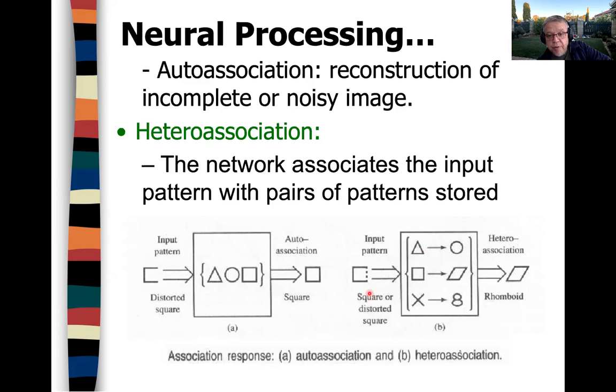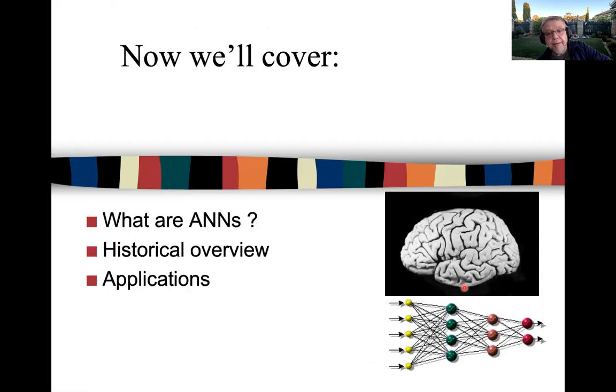Now when you're given at the input a square or a distorted square, it will associate it and tell you this is the corresponding association here, which is the rhomboid. As I said, if I tell you, remember that actor who did this and this and this in that movie, then you give me your output and tell me it was in that movie. Okay. Thank you.